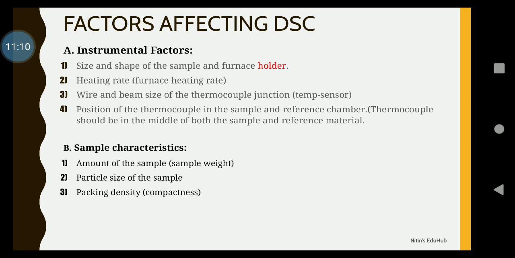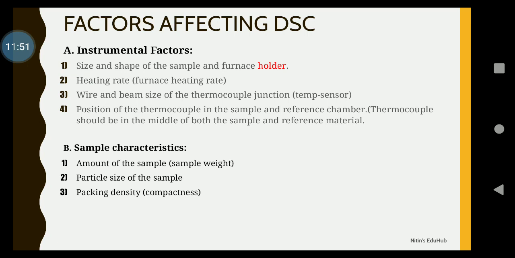To be very clear, it is the size and shape of the sample holder, not the sample or furnace. सैम्पल और रेफरेंस मटेरियल का साइज एंड शेप नहीं, यहाँ पे साइज एंड शेप हम लोग होल्डर, सैम्पल होल्डर का। सो बेसिकली जो भी साइज़ है सैम्पल होल्डर का या फिर आपका शेप है जो सैम्पल और रेफरेंस होल्डर का है, बेसिकली we use thin film, disc film over there, and their size also matters a lot. Basically it should be so flat film is to be prepared over there.